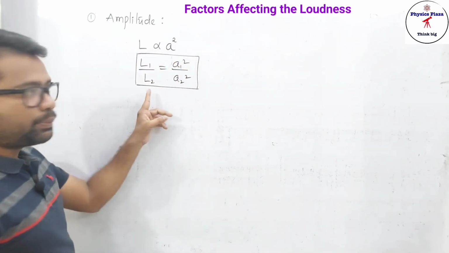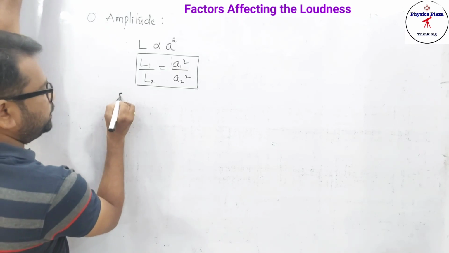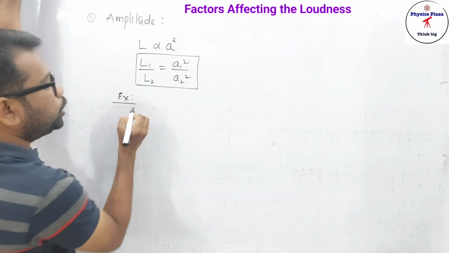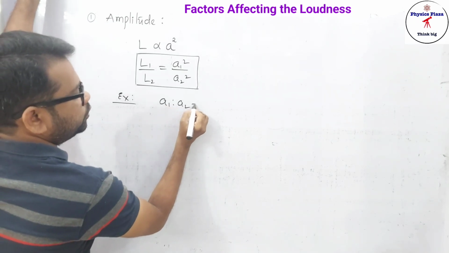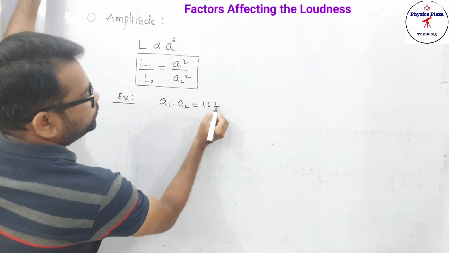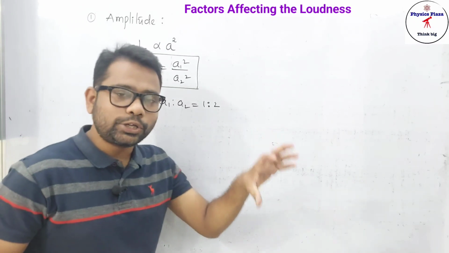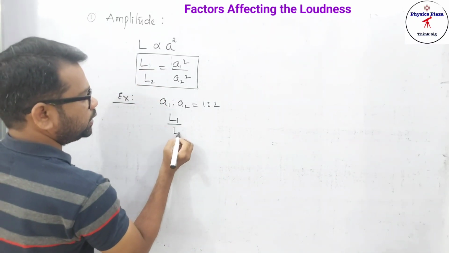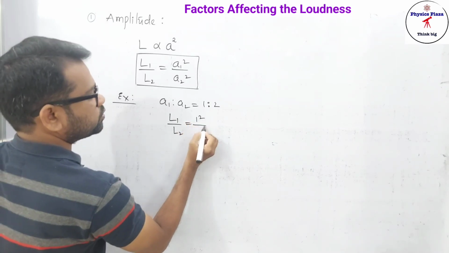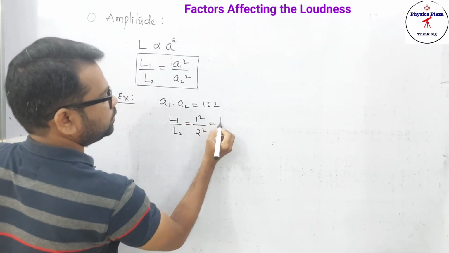How can the question be asked? Let me tell you an example. Two waves have amplitudes in the ratio, for example, 1:2. Then they will ask us to find the ratio of their loudness. It's very clear, you can apply this formula. L1 by L2 is equal to 1 square by 2 square. This will be 1 by 4.